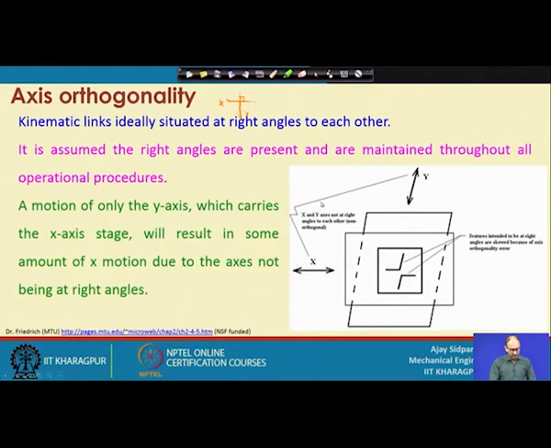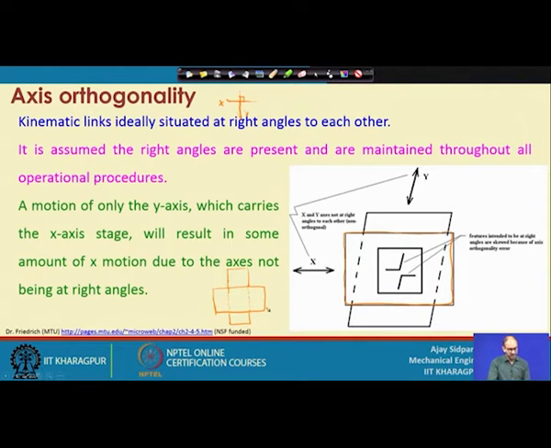So, what is this particular thing? Now, this example tells us, this is the x axis, and this one is the y. The only problem is that y is not perpendicular to x. Our actual configuration should be something like this. Suppose this is the x1 and this should be the y1. Correct.